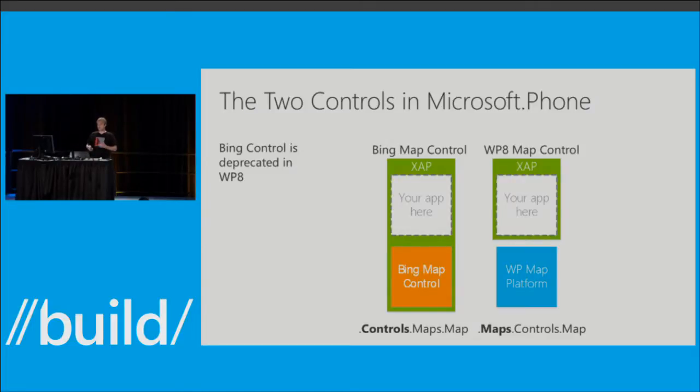That is also why you'll see later that we have a capability that allows you to use the map, and that's because you're accessing something from the OS. And so to tell them apart, if the name after Microsoft Phone is controls, it means it's the Bing one. If the name after Microsoft Phone is maps, it's the Windows Phone 8 one.